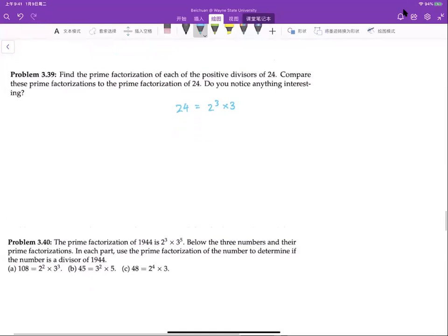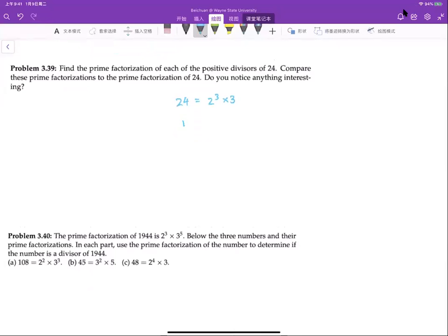For any divisor, 1 is nothing to say, 1 is just equal to 1, it doesn't have a prime factorization. 2 is a prime number. 3 is a prime number. 4 equals 2 squared. 6 equals 2 times 3. 8 equals 2 cubed. Then 12 equals 2 squared times 3. Then 24 equals 2 cubed times 3.